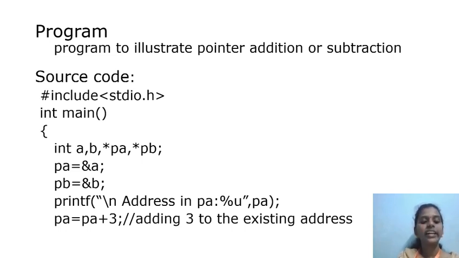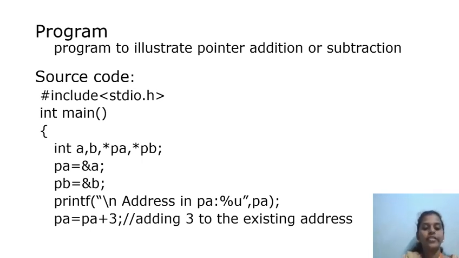We declare integer a, b, and asterisk pa, pb, where pa equals address of a, pb equals address of b, and a equals asterisk pa, b equals asterisk pb.